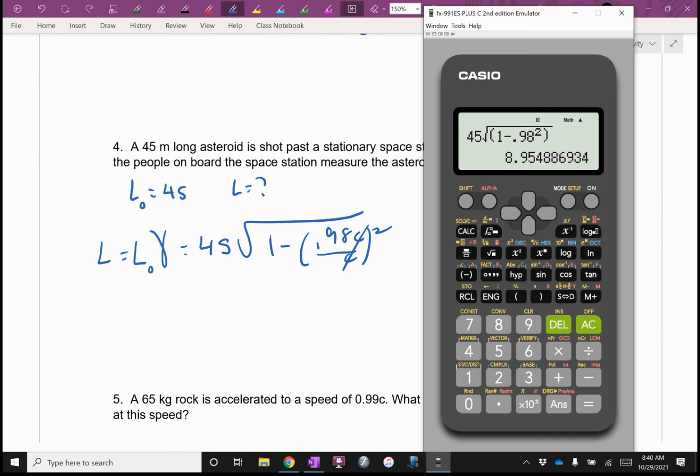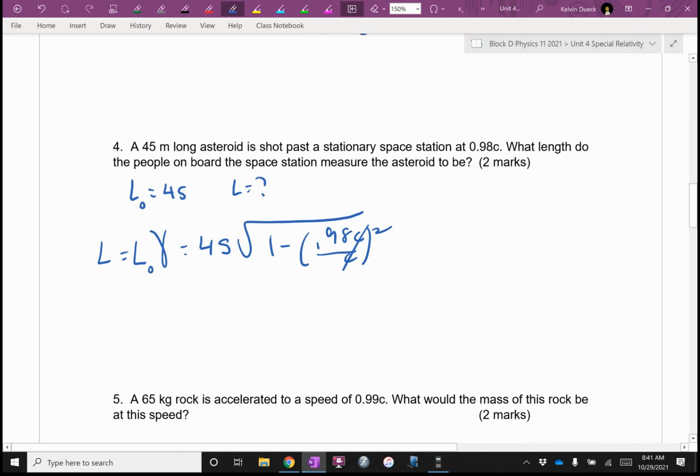Is that 5 going to stay a 5 or become a 6? It's 5. Okay, so 8.95. You could say 9.0, and I would say, yeah, but let's not round off to 2 sig figs. Let's go to at least 3. You could say 8.955. I would take that. If you said 8.954, I'd take a half mark off. But I'm going to go 8.95. Units, meters.